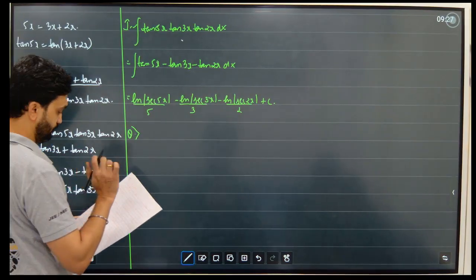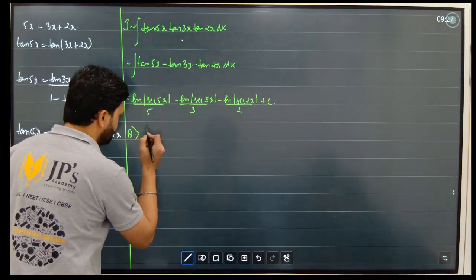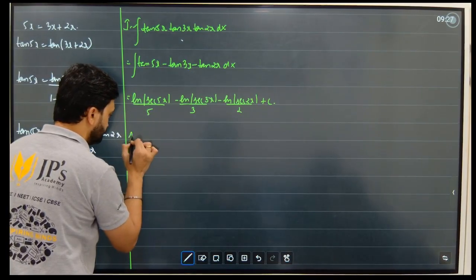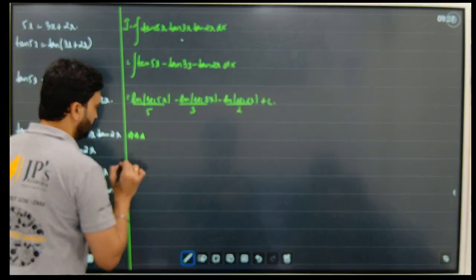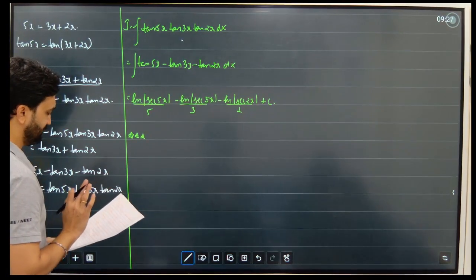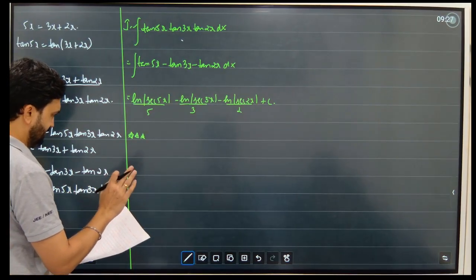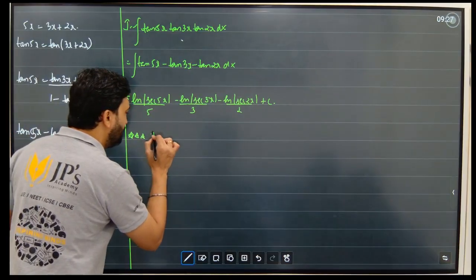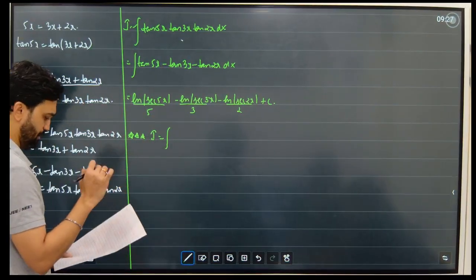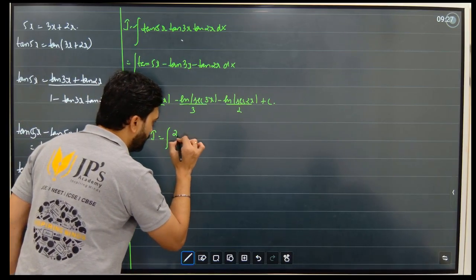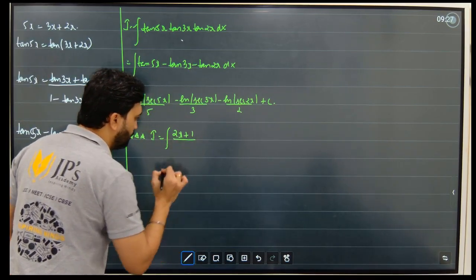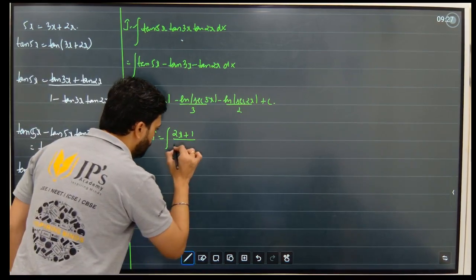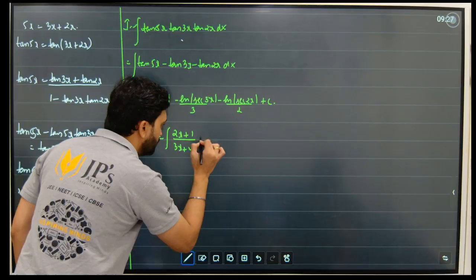Now, say for example, we start with this. Remember this, I have linear upon linear. Not a type, but we'll start with this question: 2x plus 1 upon 3x plus 4 dx.